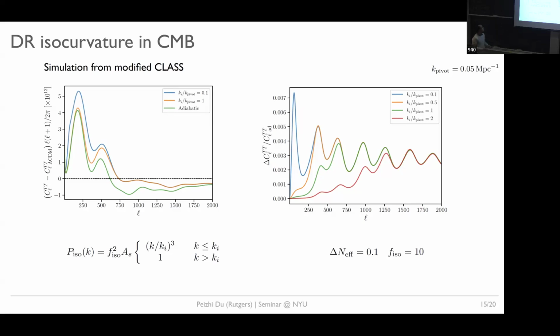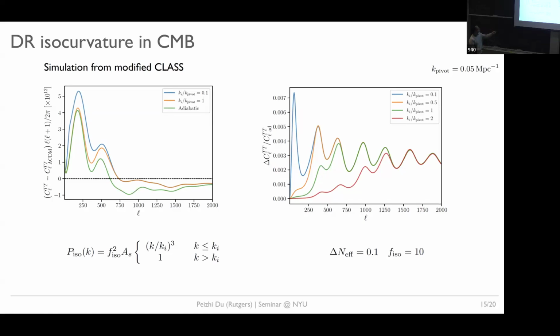Now if we add actual isocurvature, which follows this power spectrum, we need to specify F_iso and k_i. F_iso in this case we fix to be 10, and k_i is different for these two curves. K pivot is a typical reference scale like Planck collaboration considered, which is 0.05 inverse megaparsec, just some constant.